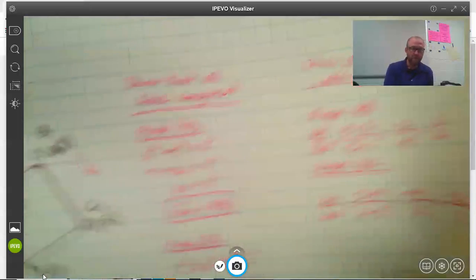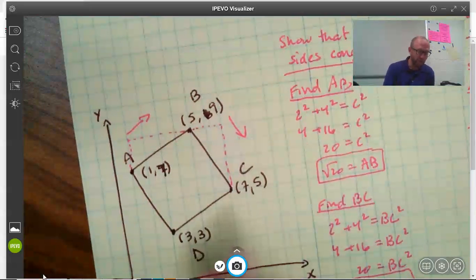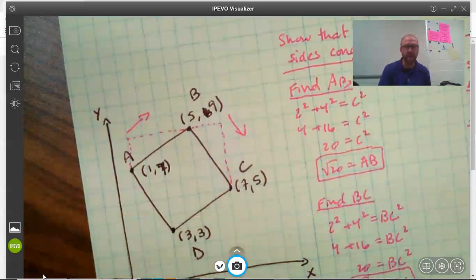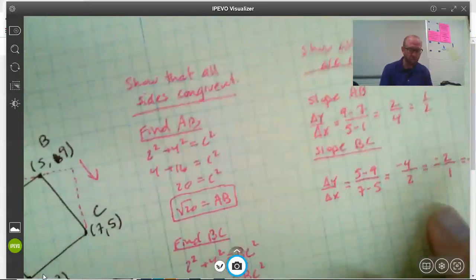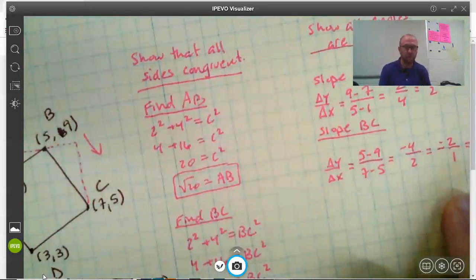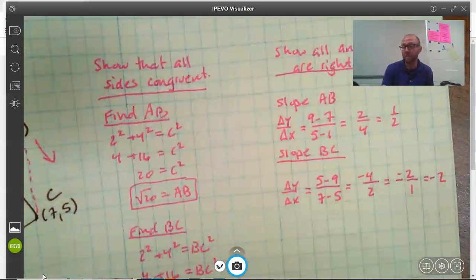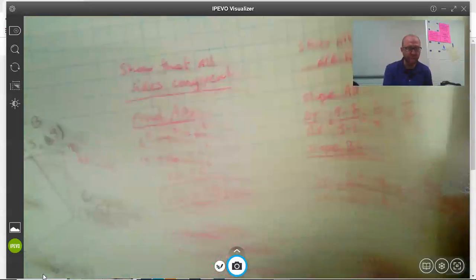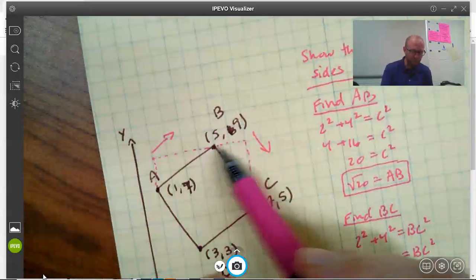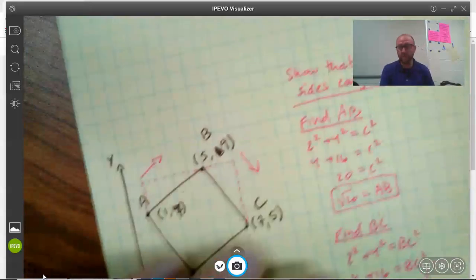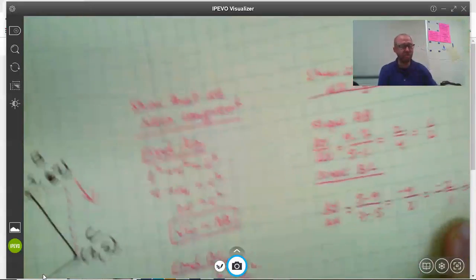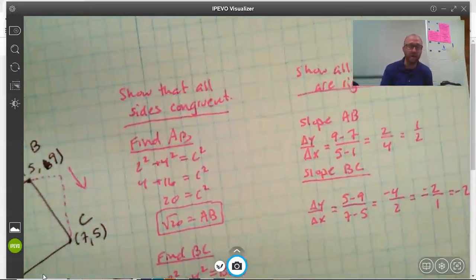Now I could go ahead and do the same to calculate the slope of CD and AD, and I'll get the same numbers again, and I can show that the slopes of adjacent sides, there's a good word for us, adjacent is next to, AB is adjacent to BC, so we could show that the slopes of adjacent sides are negative reciprocals.